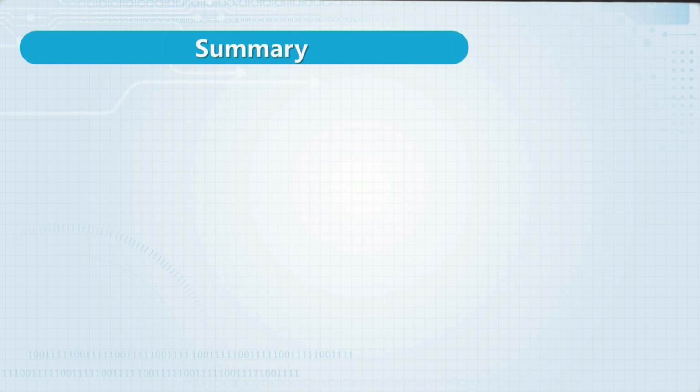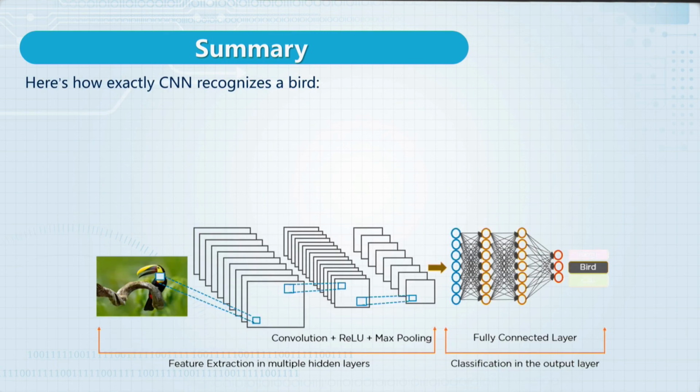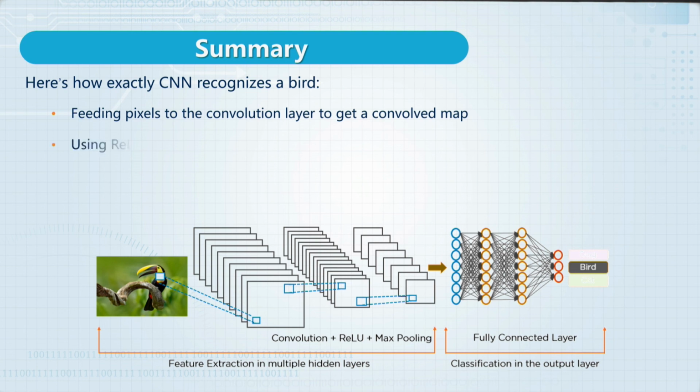We take an example to explain the complete process of recognizing an image using a CNN. Here's how exactly a CNN recognizes a bird. The pixels from the image are fed to the convolution layer that performs the convolution operation. It results in a convolved map.